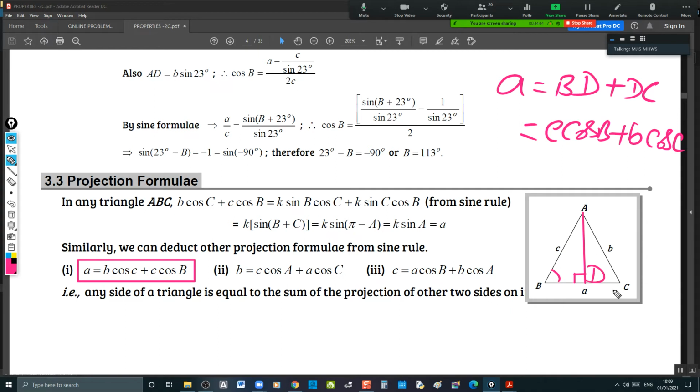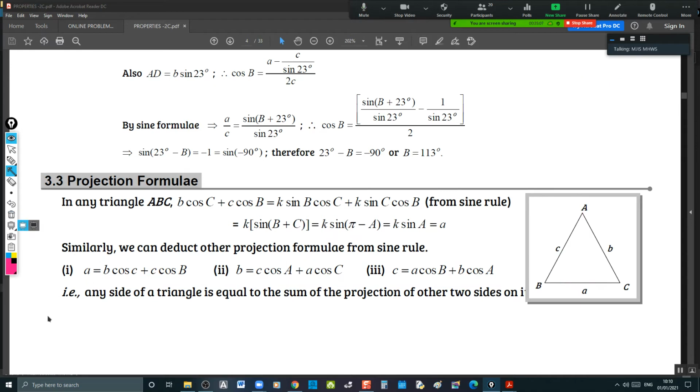Now in the cyclic order, obviously, you can write the remaining also. Small b is equal to c cos A plus a cos C, something like that. Now, how to remember this? Simple. Observe the formula here. We are writing small a here, and you don't get any small a or capital A in the formula.